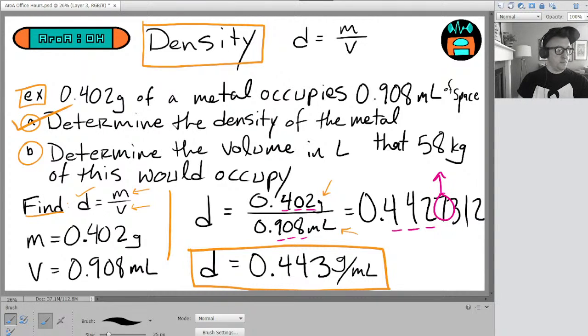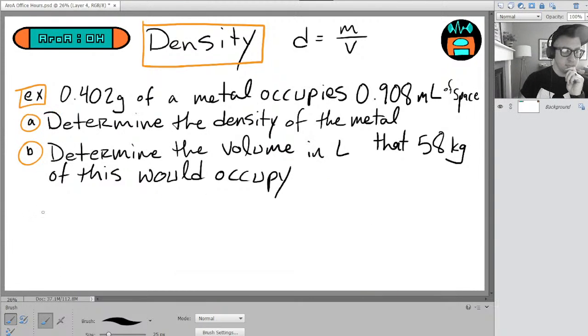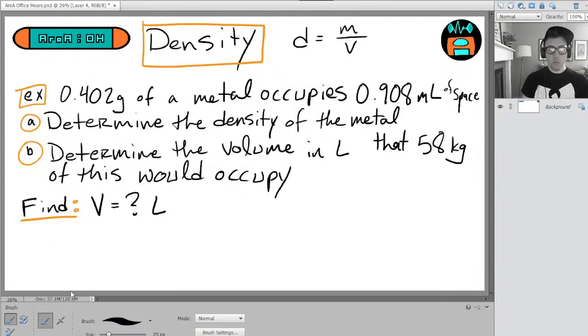All right, now let's go to part B. We are being asked to find the volume, right? Determine the volume in liters. We're being asked to find volume with units of liters.